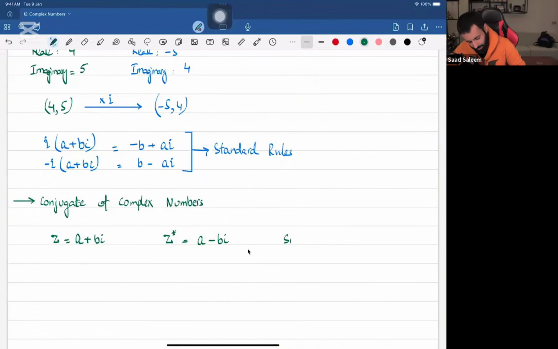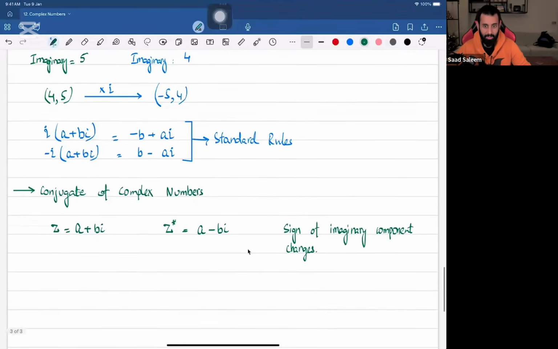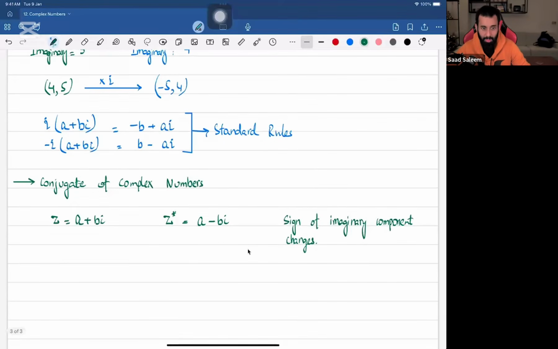So the rule is that the sign of the imaginary component changes. It's only the sign of the imaginary component that changes. If it's positive, it becomes negative. If it's already negative, it becomes positive. Don't make a standard rule that it will always become negative. It depends on what the sign already is.